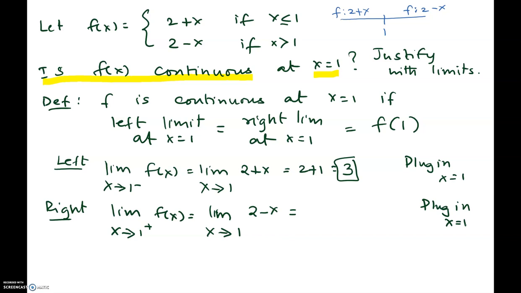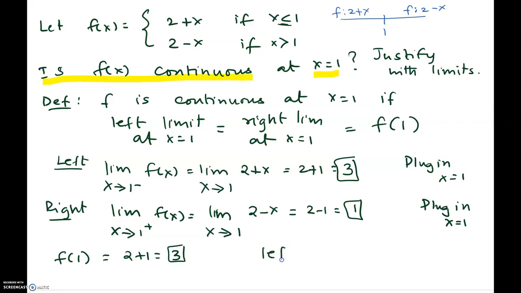So 2 minus 1, which is 1. The left limit exists and the right limit exists, but both limits are not equal. Let's also find f of 1. There is an equality here, so f of 1 is going to be 2 plus 1, which is 3.